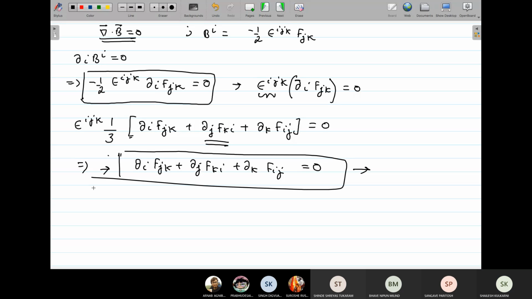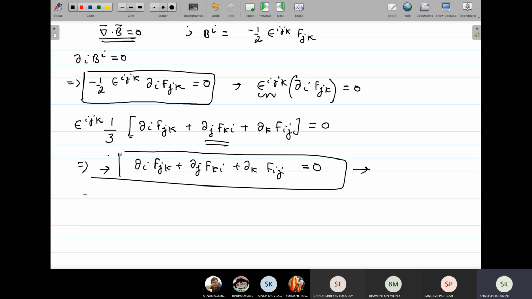So this is an identity. These plus this equal to 0 hold identically for any configuration of B and any configuration of E. This will hold.